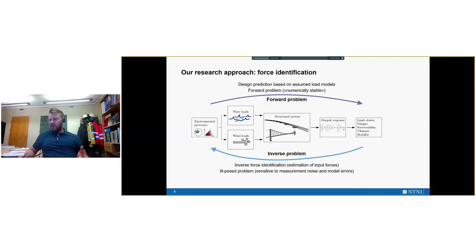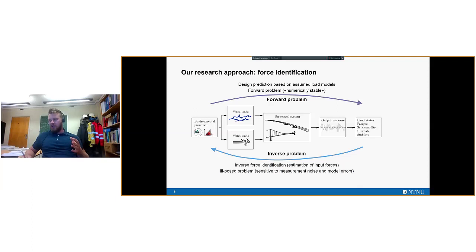But what we do in our research approach is that we do the whole thing backwards, and this is called an inverse problem. So what we start with here is the output response, and then we combine this with a structural system through a numerical model, and then we try to recreate the wind or wave loads on the structure.